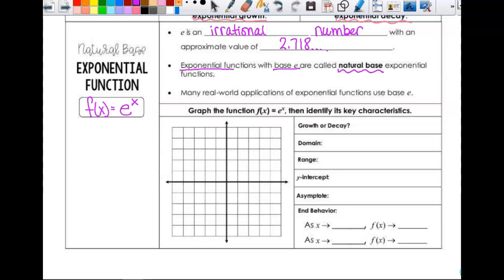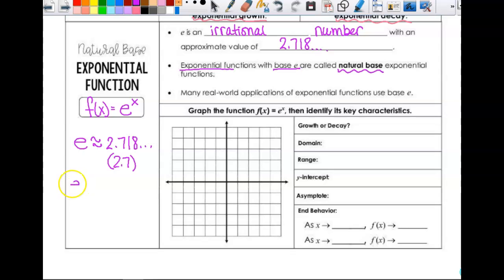So we know that e is about 2.718. We're just going to estimate it as 2.7.